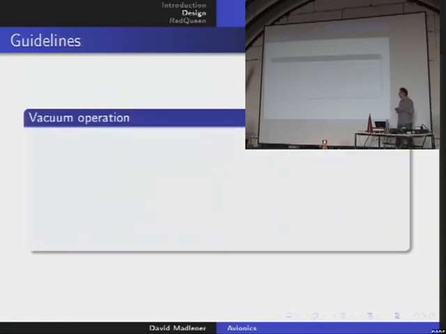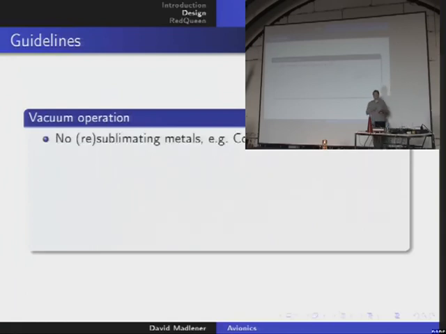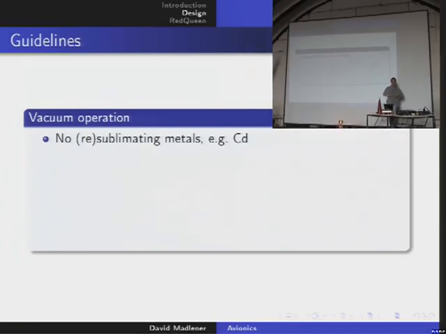So vacuum operation. There is a problem with certain metals. If you put them in vacuum, they just evaporate, they sublimate, and then they resublimate on any surface available. So especially cadmium. Luckily, we have RoHS today, but some years ago, this was a real problem.